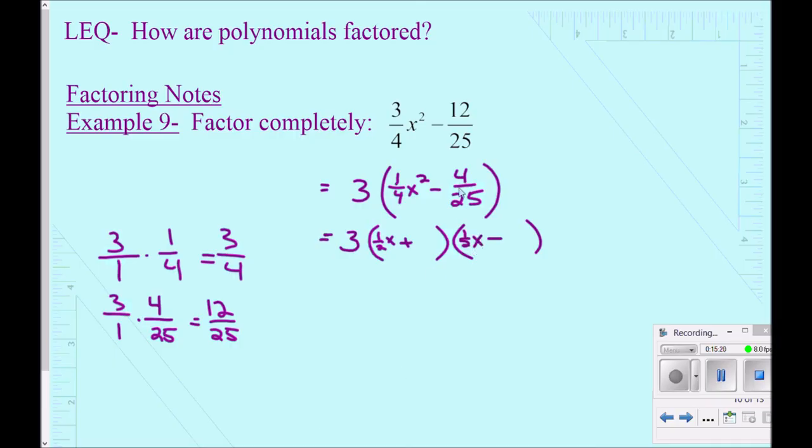Now, the square root of 4 is 2, the square root of 25 is 5, so the square root of 4/25 is 2/5. So I have 3 times the quantity 1/2 x plus 2/5 times the quantity 1/2 x minus 2/5. That does not factor any further. That is my final answer.